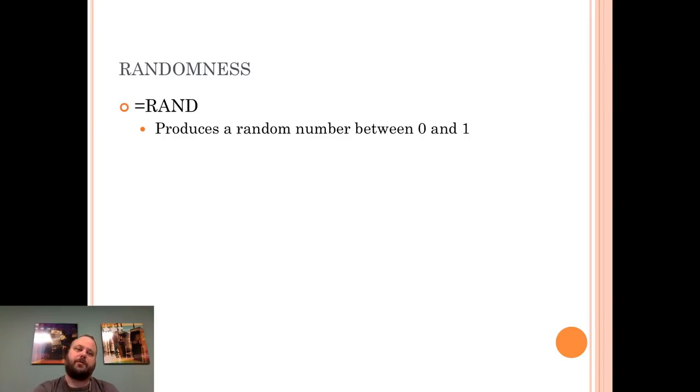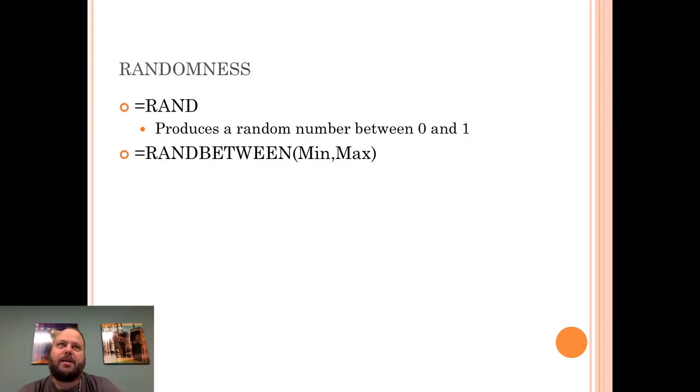People could use this for a random chance at something. You can do that, but I prefer this one here, RANDBETWEEN. Okay, so RANDBETWEEN allows us to find random numbers between a minimum and maximum inclusive. So if I do minimum of 5, maximum of 10, the possible numbers are 5, 6, 7, 8, 9, 10. And it will return that.